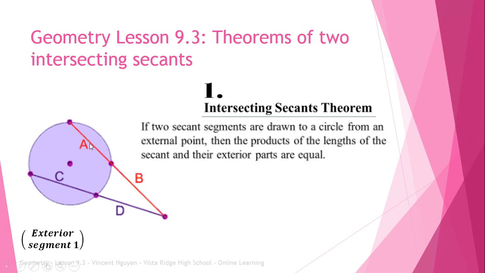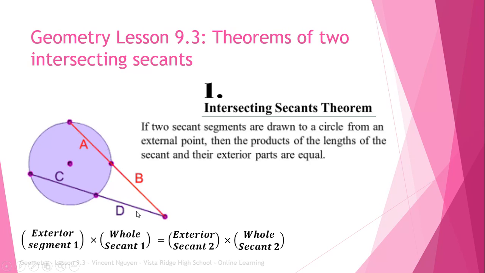The exterior part would be this segment right here, B. And if you multiply that by the whole entire secant, which would be A and B together, it would equal exactly the same thing for the other secant. So if you take the outside segment, which is D, and you multiply by the whole entire second secant, C plus D, then that's their relationship.